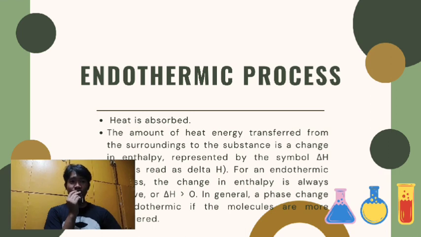Enthalpy is the sum of the internal energy and the product of pressure and volume, and it is represented by the symbol triangle H, read as delta H. For an endothermic process, the change in enthalpy is always positive, or delta H is greater than 0. In general, a phase change is endothermic if the molecules become more disordered.